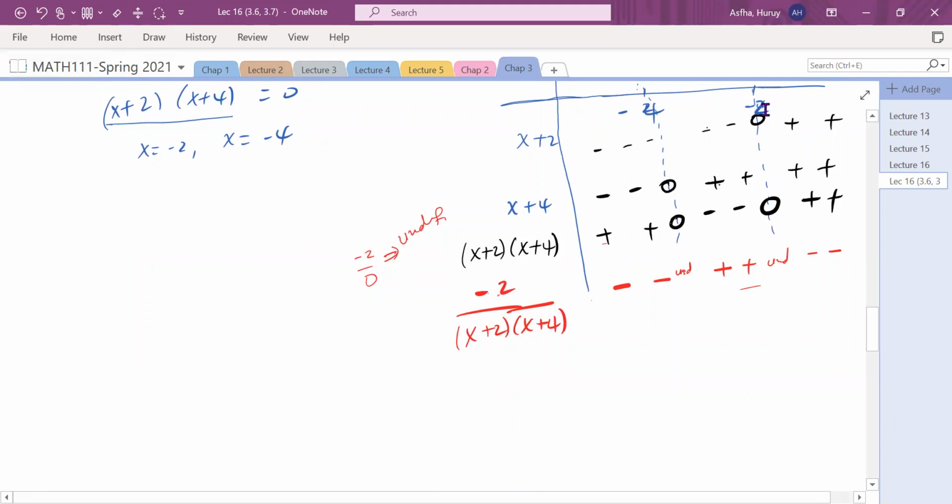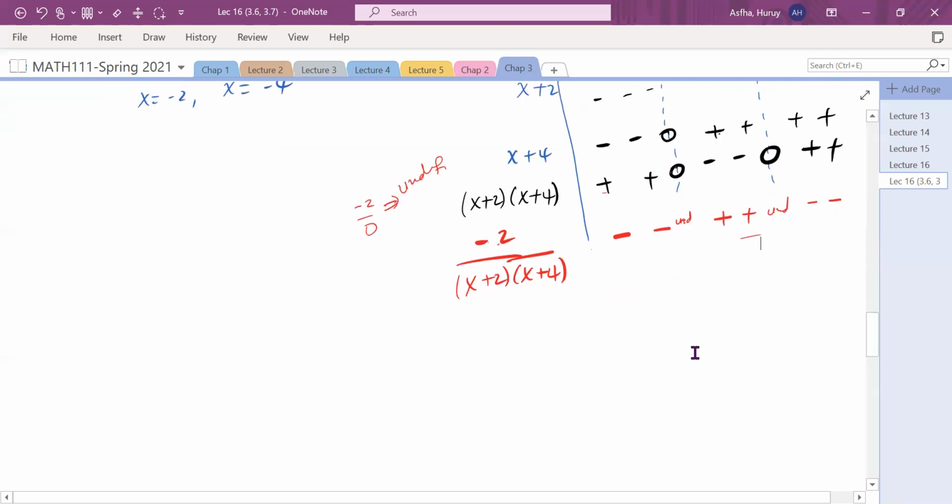And are these two boundary points, negative 4 and negative 2, included? Well, the answer is they are not included. The reason is that at negative 4, the rational expression becomes undefined. At negative 2, the rational expression becomes undefined. So since those two values make this expression undefined, we don't include them in the solution set.